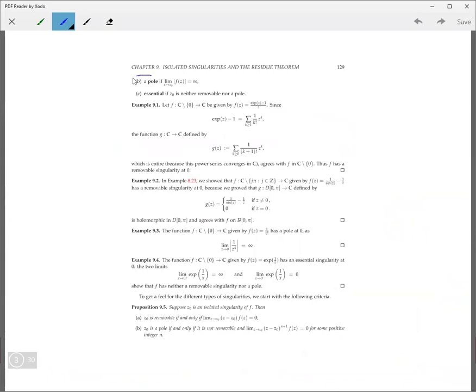That's a pole. So the second type of singularity is a pole. And that's where, as z goes to z naught, your function in modulus is going to infinity.